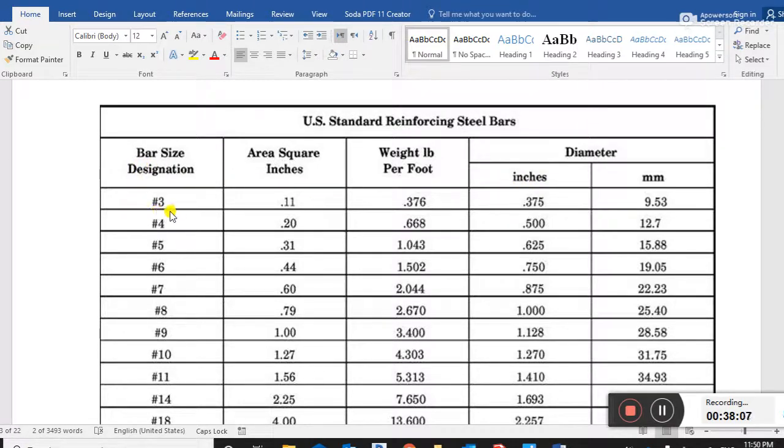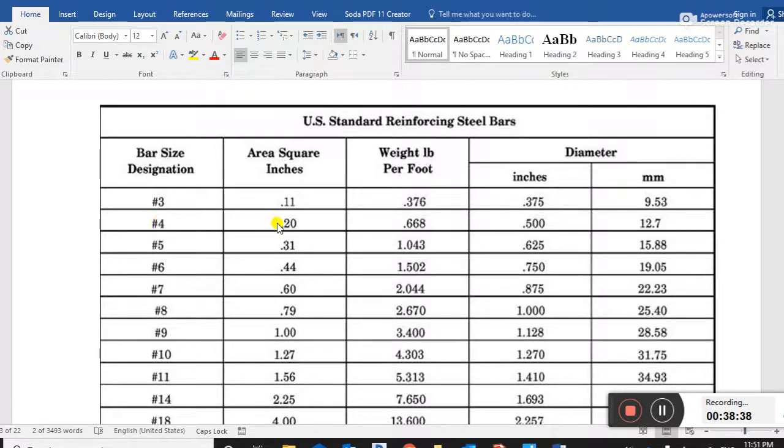Guys, this is reinforcement number 3. The area is 0.11 square inch, and the weight is 0.376 lb per foot. The diameter is 0.375 inch, and in millimeter it is 9.53.